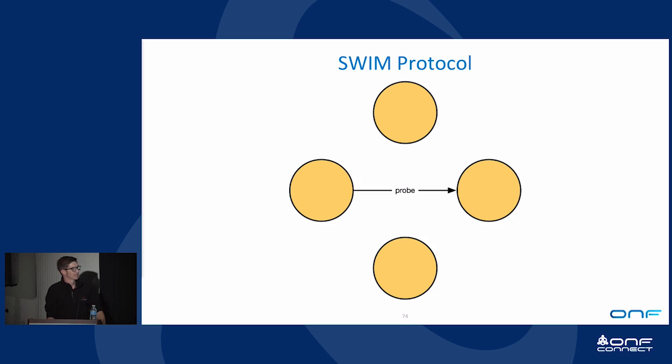Rather than nodes constantly heartbeating each other, this is a pull-oriented protocol where nodes periodically probe each other to see if one of their peers failed. Nodes constantly send a message saying, hey, are you alive?